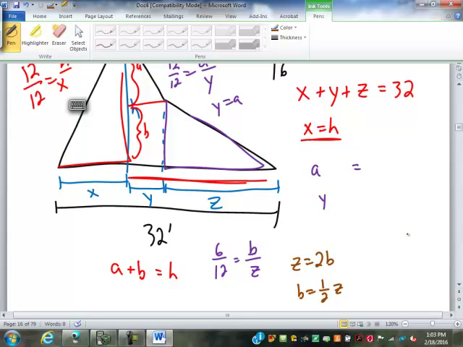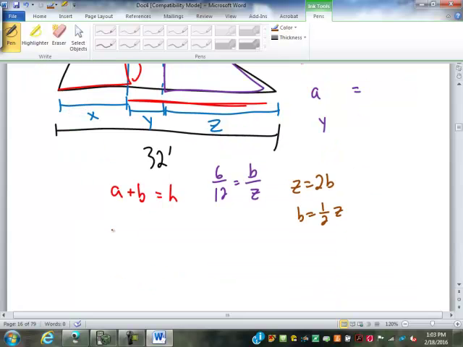The question is, do we have enough restrictions here to make this work? Probably. Do we need to know that little cutaway area, that height? Well, that's B. We know that A equals Y and B equals 1 half Z, and that all adds up to H, right?